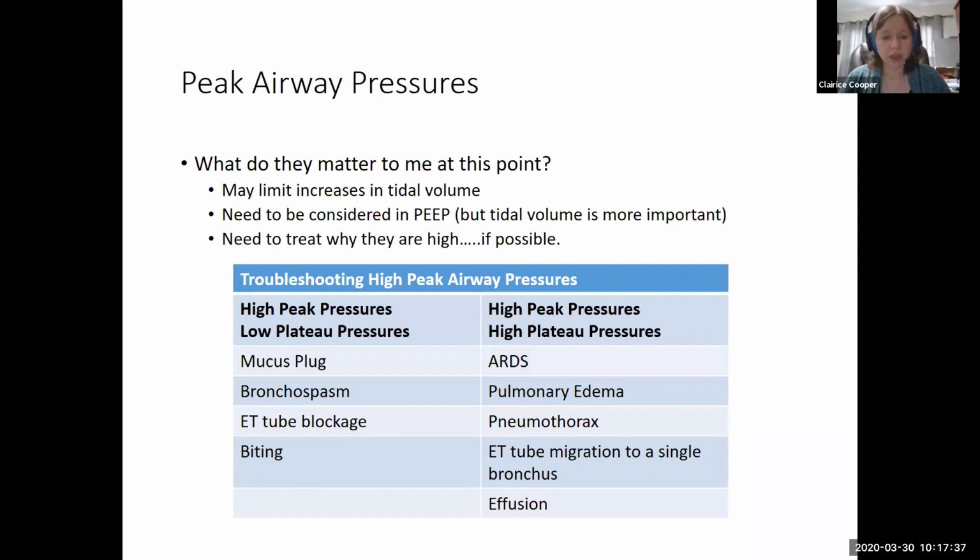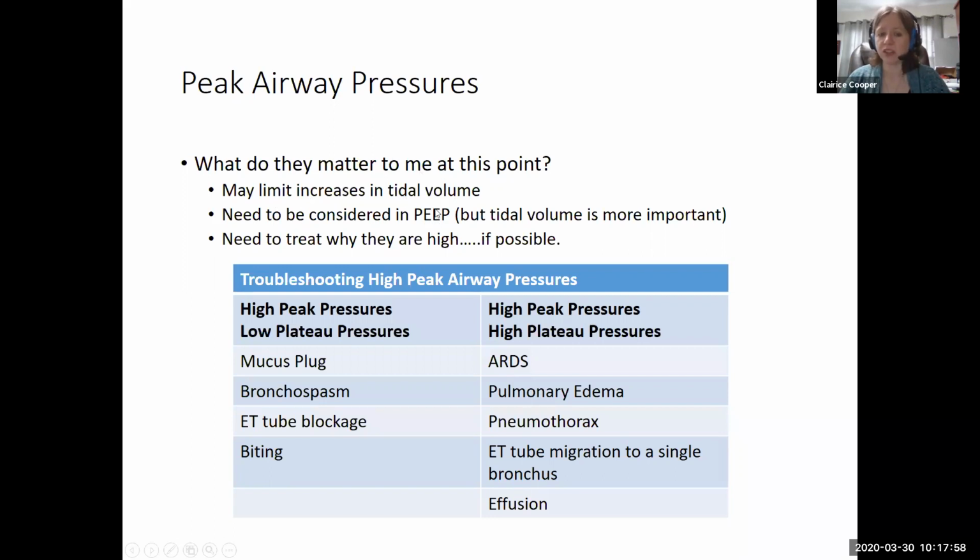So how do we do that? Well, first of all, we need to consider that in the tidal volume. So when you look at ARDS and the literature on ARDS, it's highly supportive of low tidal volumes and higher PEEP. Keep in mind, the PEEP also contributes to those peak airway pressures.